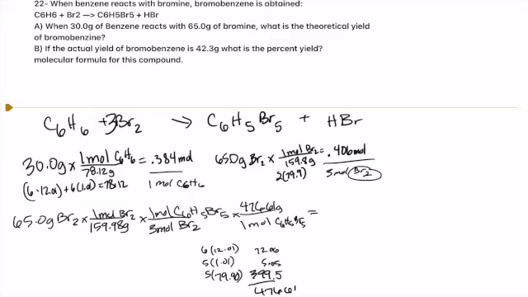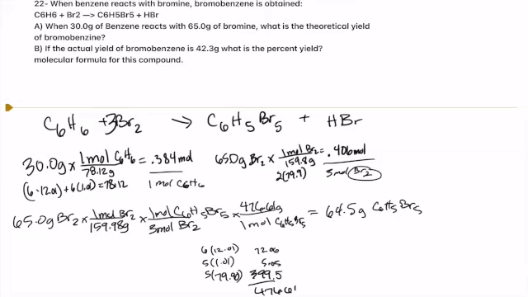And this is going to give us our theoretical yield. In theory, how much could we produce if every single one of those molecules reacted? You get 64.5 grams of bromobenzene.